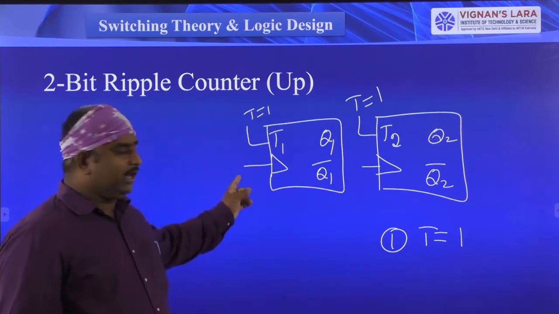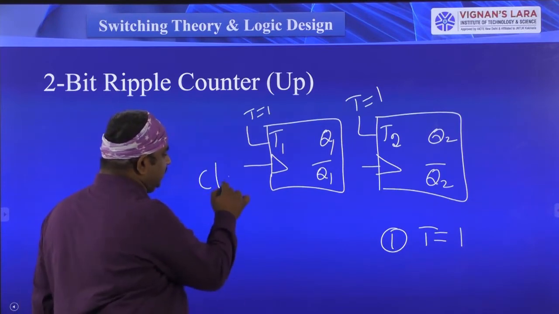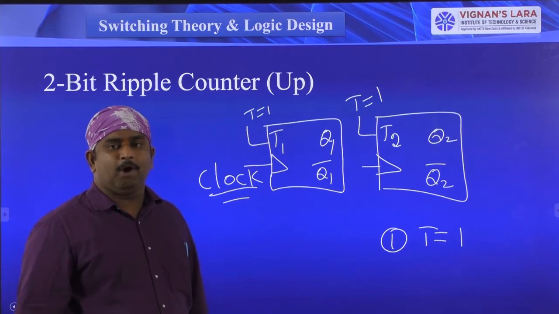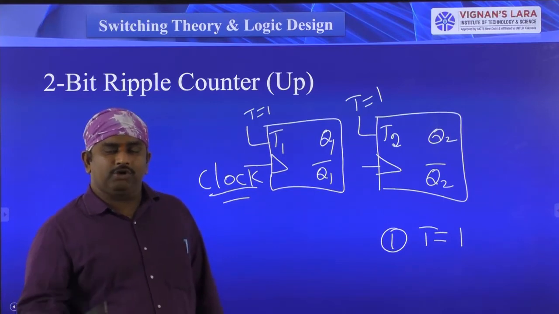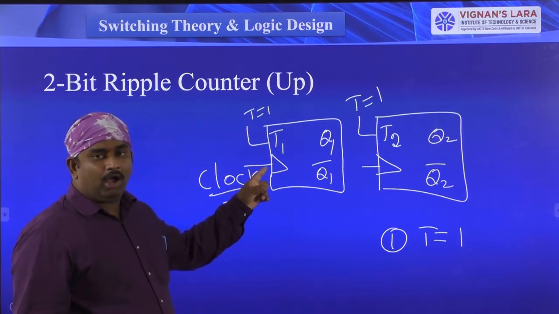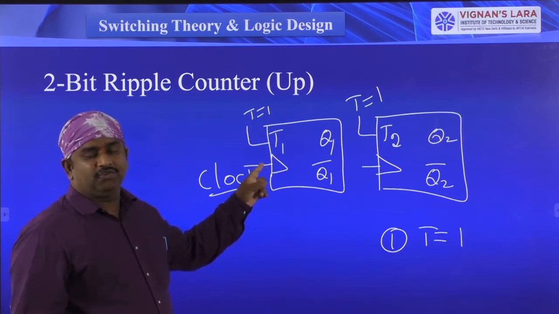Next, I am applying a clock signal here, a positive edge clock signal. Positive edge clock signal means whenever the clock input is changing from 0 to 1.